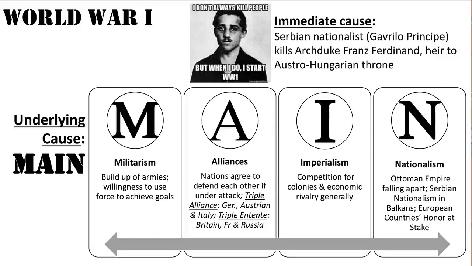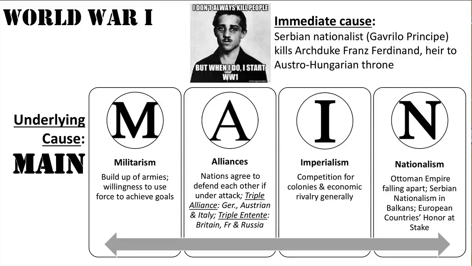And that's where we get to MAIN. M-A-I-N. MAIN is basically, in a nutshell, all of the underlying causes of World War I. So let's start with M. M is militarism. Long story short, all of the countries of Europe, after the Industrial Revolution, have built up their armies.